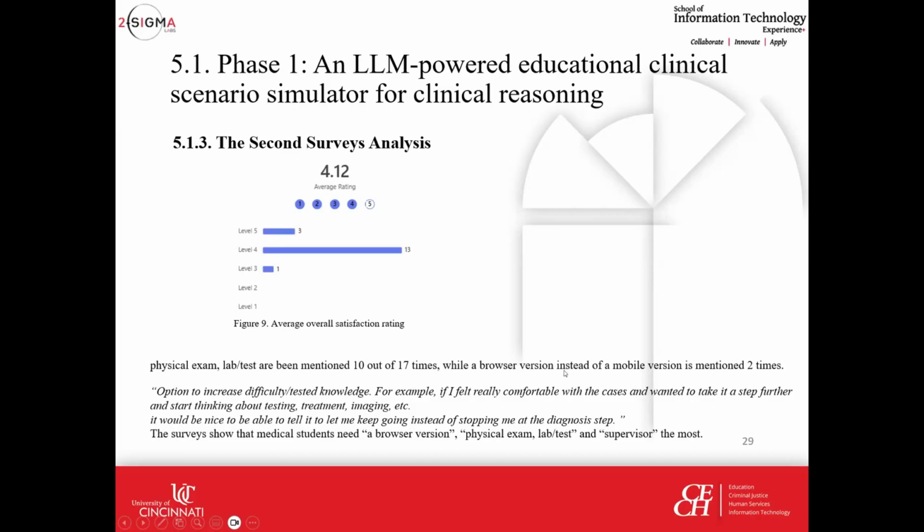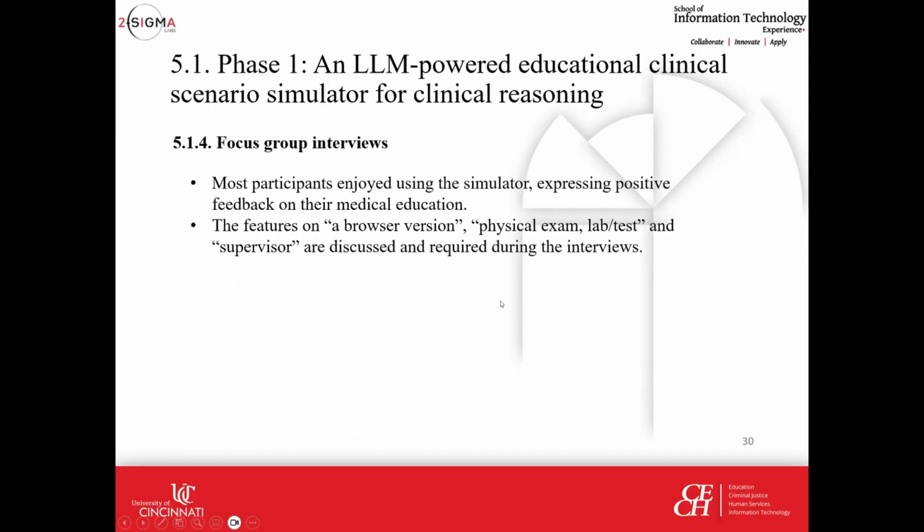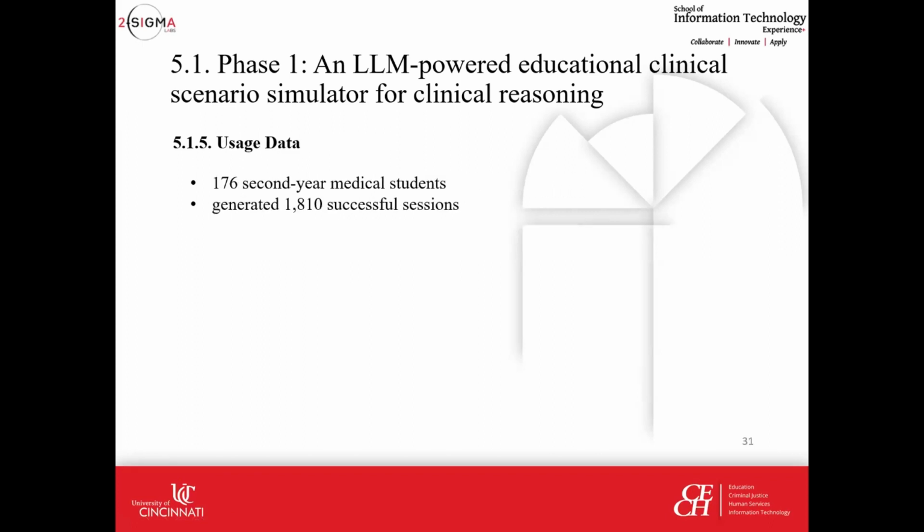We get this data, and it also emphasizes the need for the browser version and for the exam or test. There is also a supervisor role we need in this simulation. For the usage data, in the first stage, we get this much data.